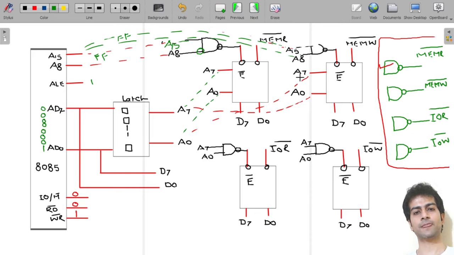Now suppose we would have got something like this: this would have become A6, and this would have become A7. So now see what would have happened. My higher order address as well as lower order address of this would have been completely different as compared to that of this.